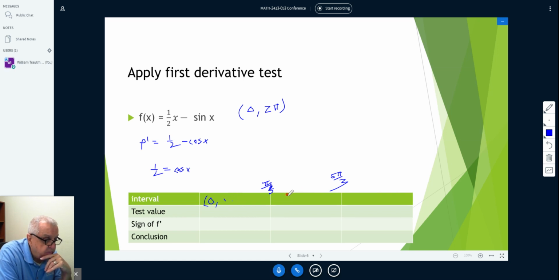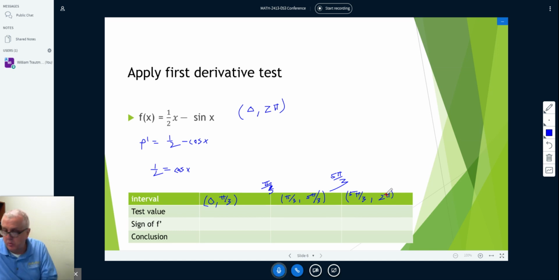Then we go from pi over 3 to 5 pi over 3. And then an interval from 5 pi over 3 to 2 pi.